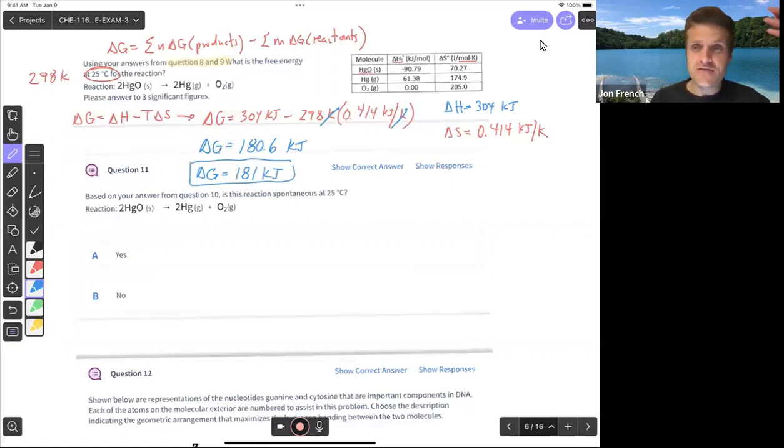That's positive. So this process is non-spontaneous. This reaction is non-spontaneous at this temperature, right? It's endothermic, but it does have a positive entropy. So that means at low temperature, this would be non-spontaneous. We see that here with a positive delta G, but at a high enough temperature, right, this reaction would become spontaneous.